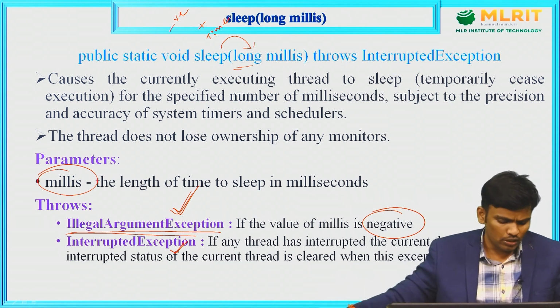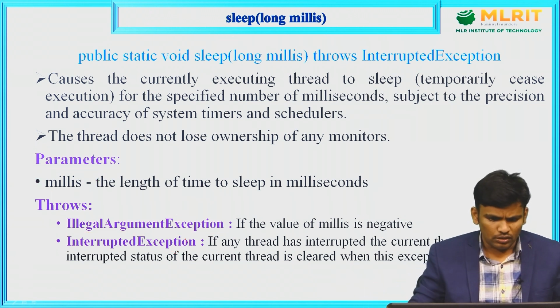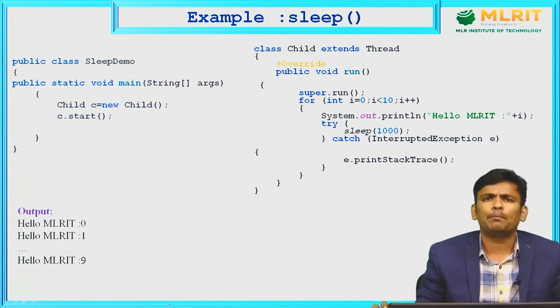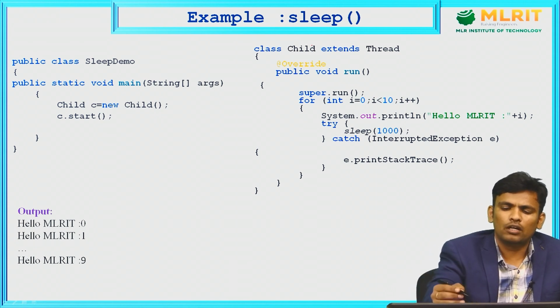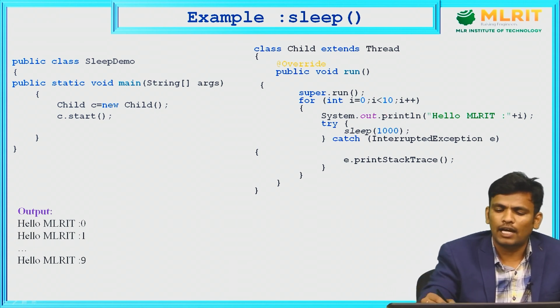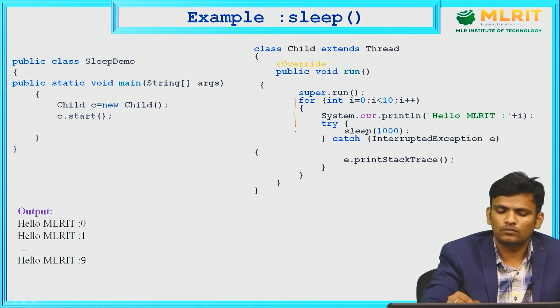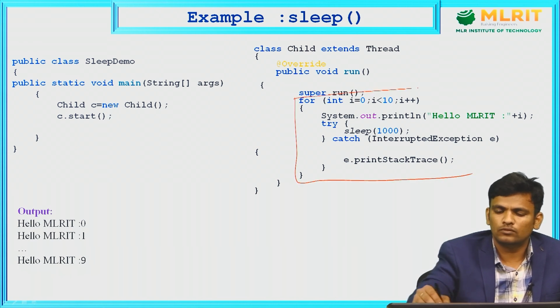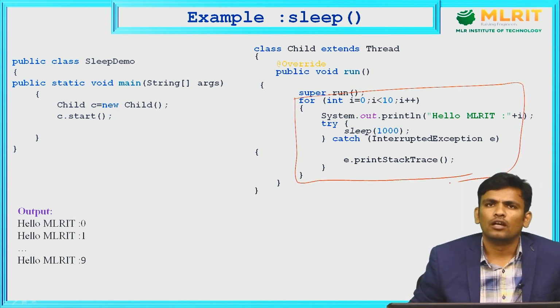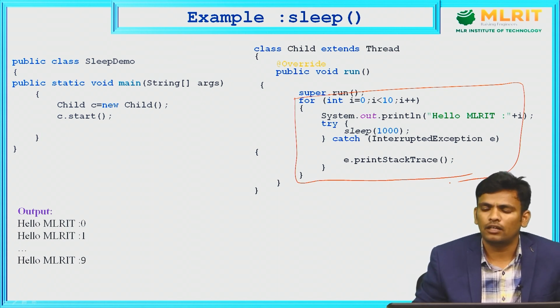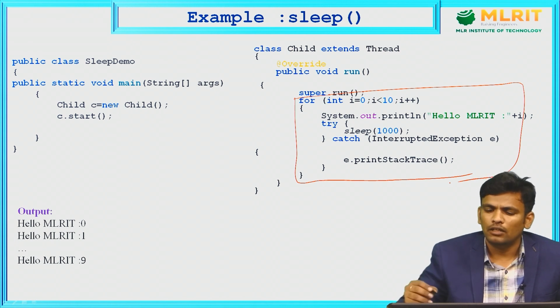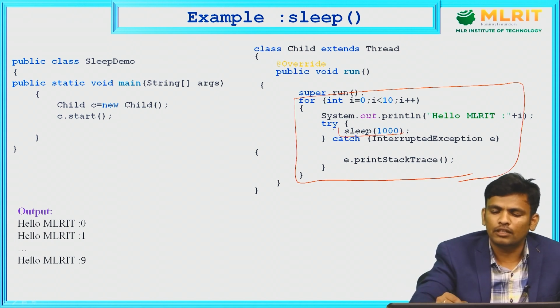Now I want to explain this sleep method with a simple program. Here you can see I created one class. The class has a message that will print Hello MLR 10 times. Here I used the sleep method.